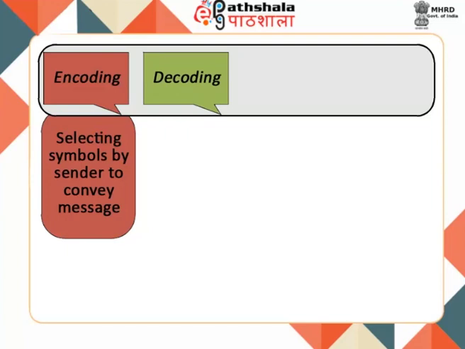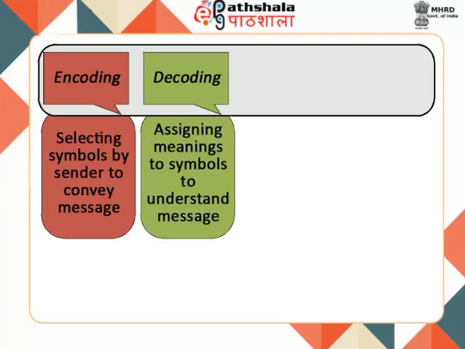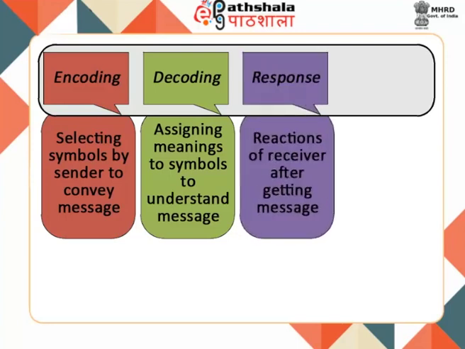Decoding is the process of assigning meanings to the symbols used by the sender to convey the message, and interpreting and understanding them by the receiver of the message. Response is the set of reactions that the receiver has after being exposed to the message.